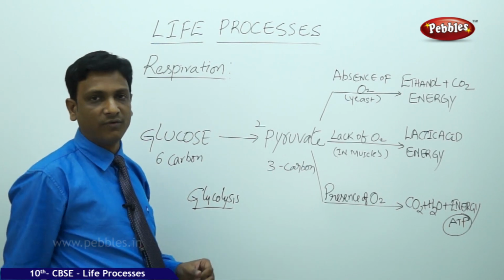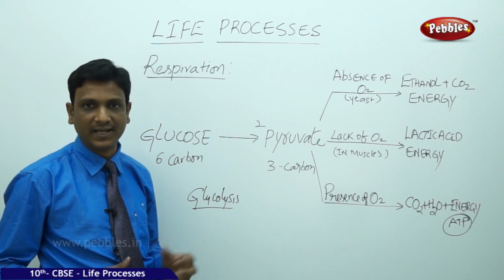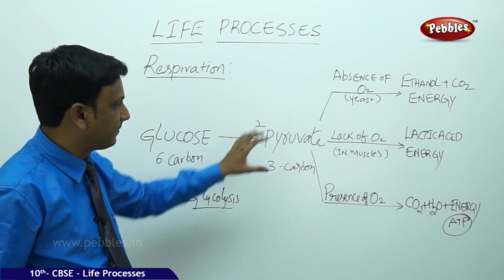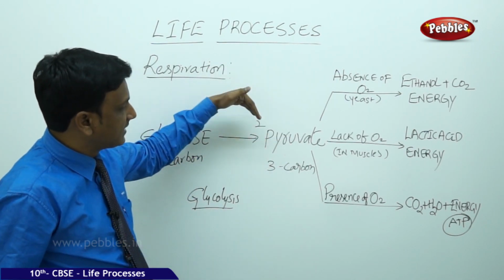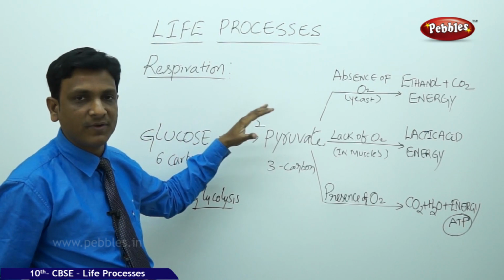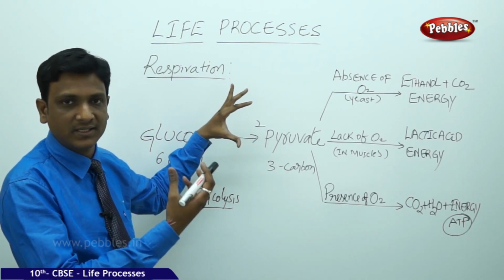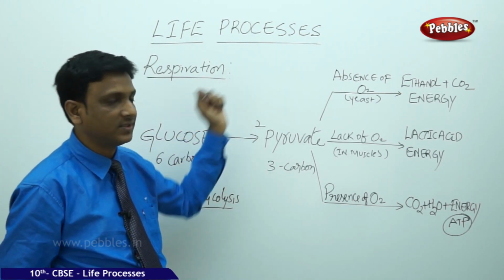In case of absence of oxygen, like bacteria or yeast, what happens to this pyruvic acid? If the organism wants to get complete energy from the pyruvate, whatever energy is stored in it, it needs oxygen.